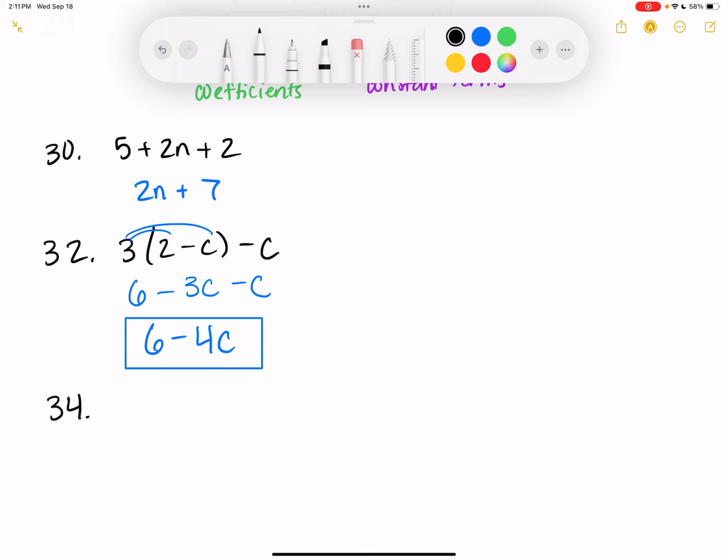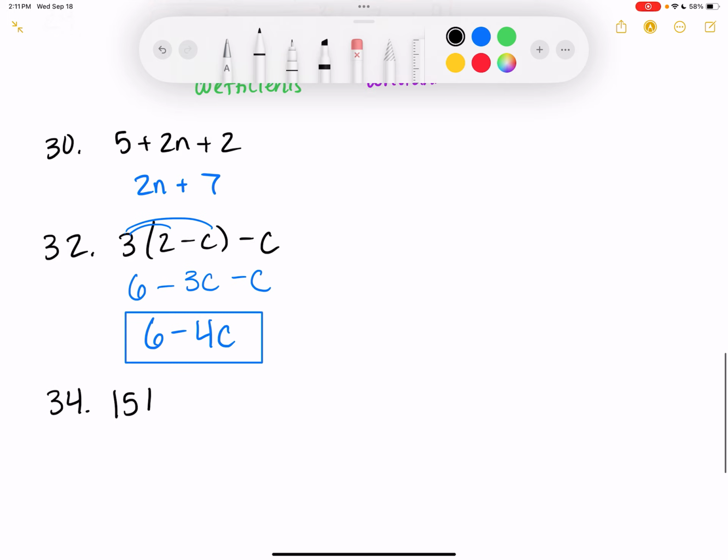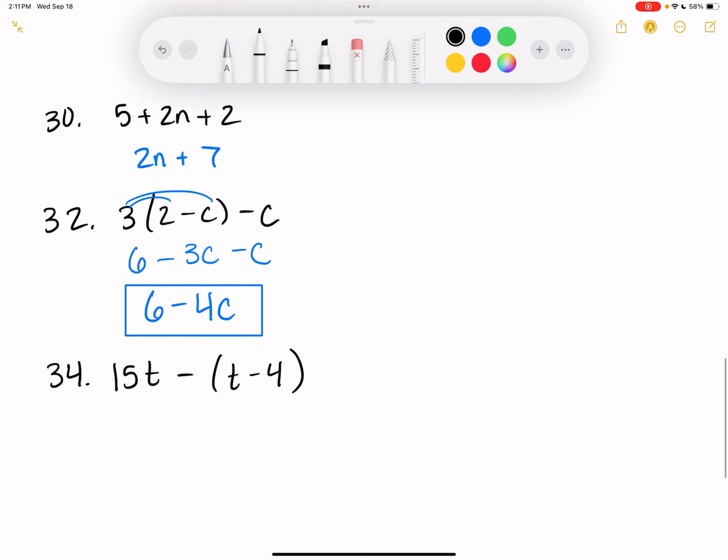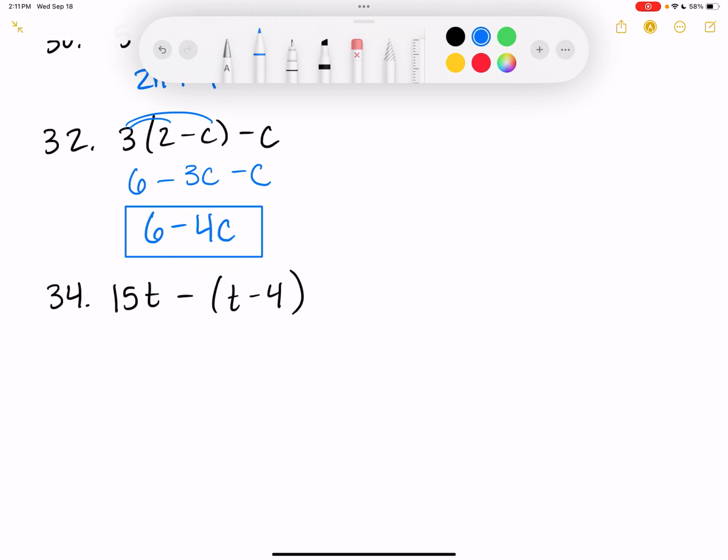34. 15t minus t minus 4. And there's some distributing. What am I distributing? What sign is this?